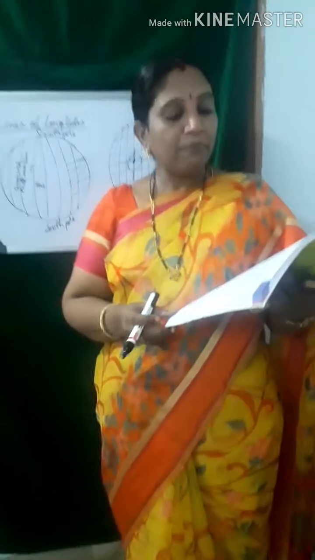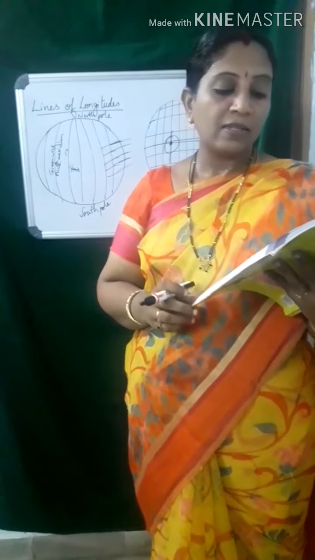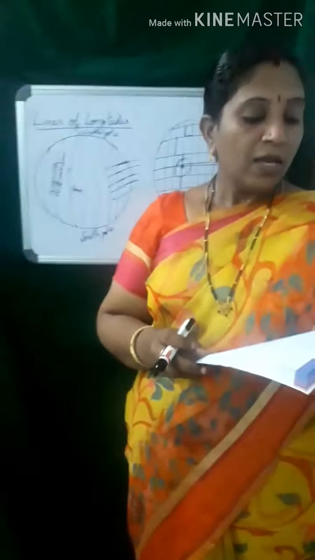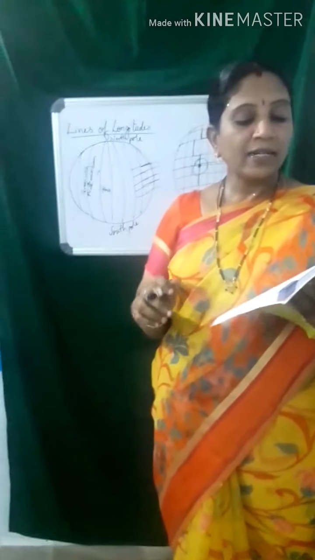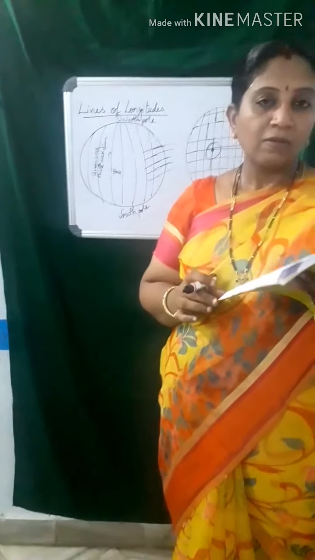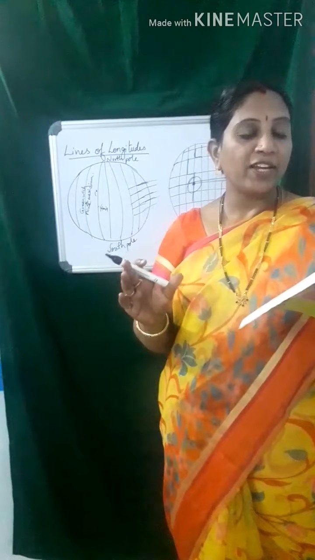So see in your textbook, children, the parallels and meridians intersect each other at right angles. You can see these are right angles, isn't it? The points where they intersect are known as coordinates. Coordinates give the exact location of a place.